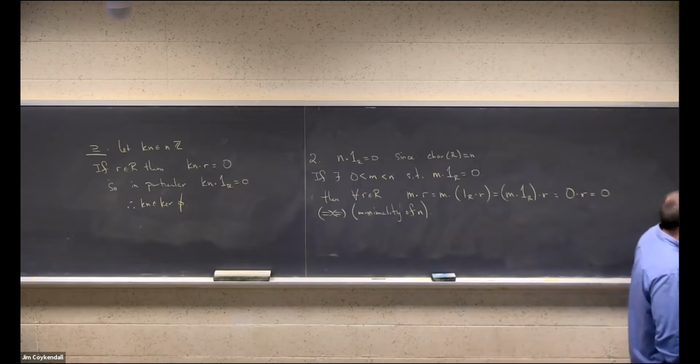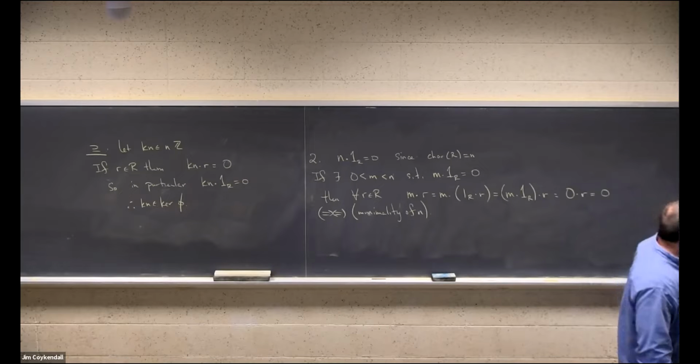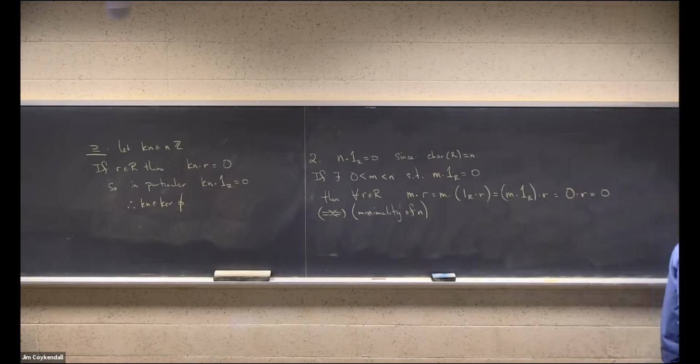I like this statement because this is a quick way to figure out the characteristic if you have a ring with identity. Because if you have a ring with identity, the characteristic of the ring will be the smallest positive integer n such that n times the identity is 0. So that's a quick way to do it for a ring with identity.